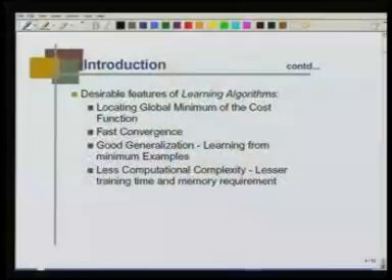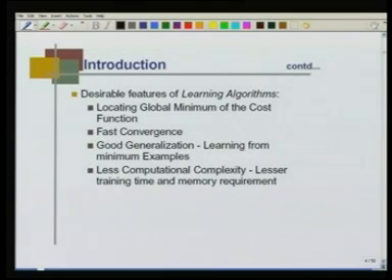So, we generate some training examples for this network for training, and then with another set of such examples we test the predictability of this network. Desirable features of learning algorithm: locating global minimum of the cost function, fast convergence, good generalization, that is learning from minimum examples.